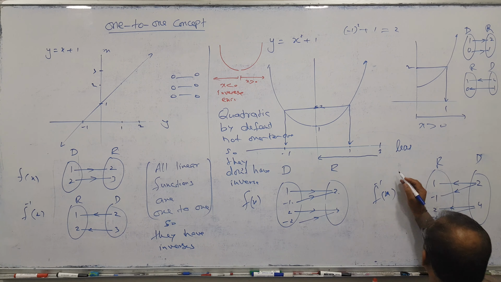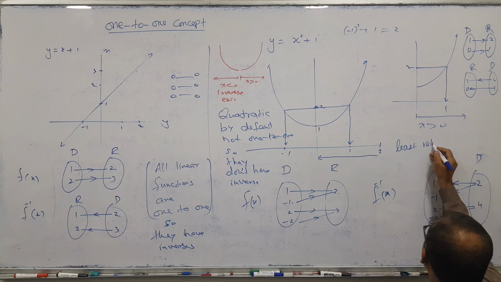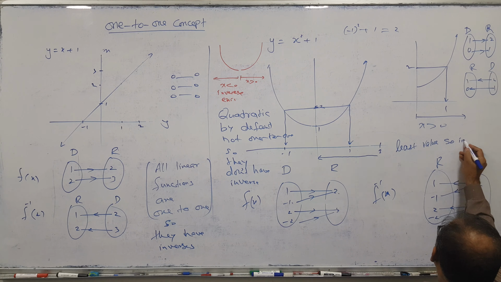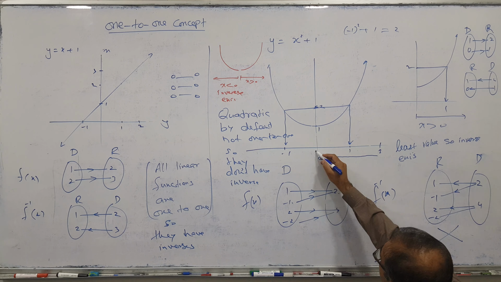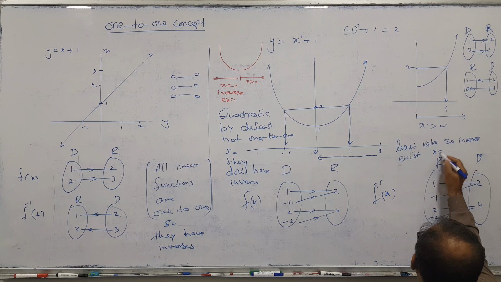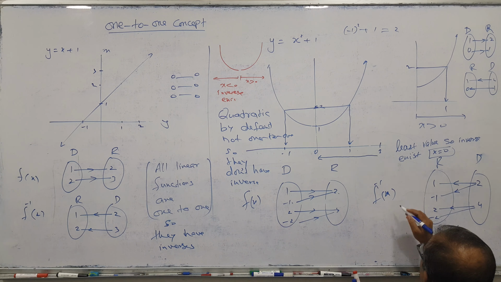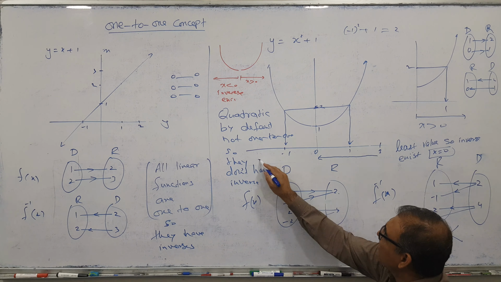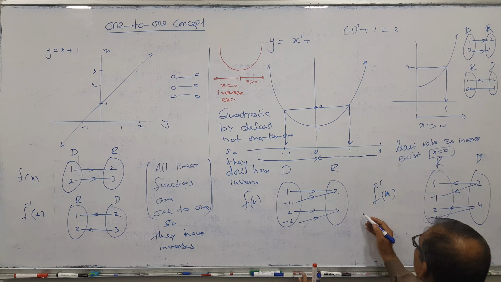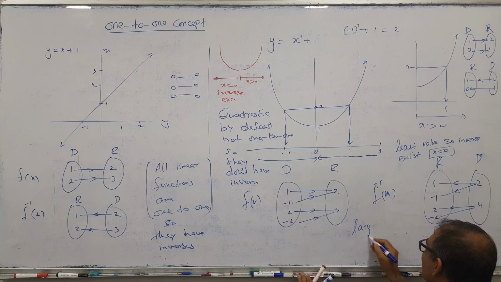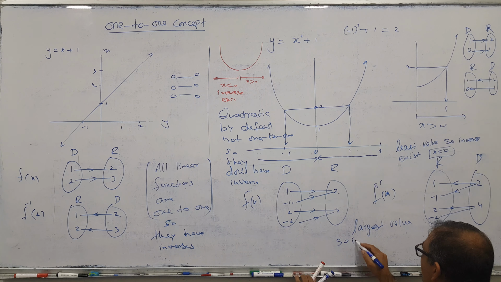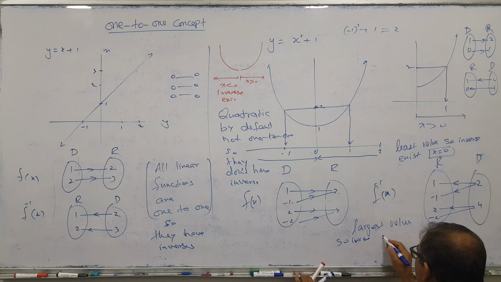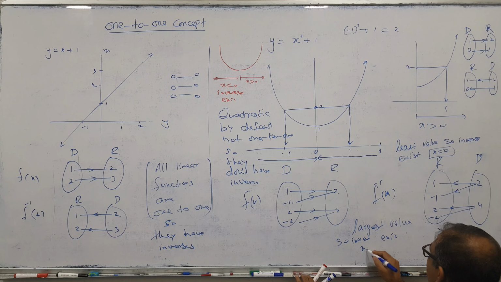The answer here is 0, so I have to stop at x equals 0. Now if I come from this end, what is the largest value so that the inverse exists? Naturally x is again 0.